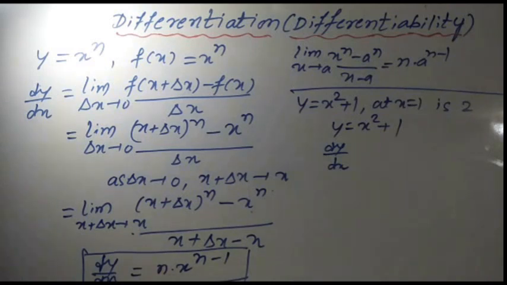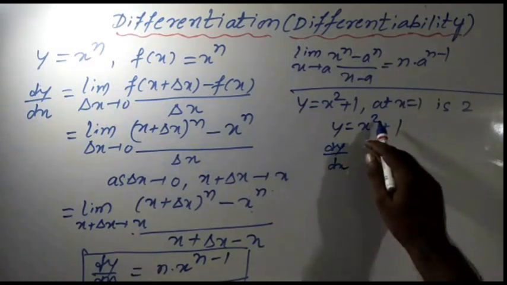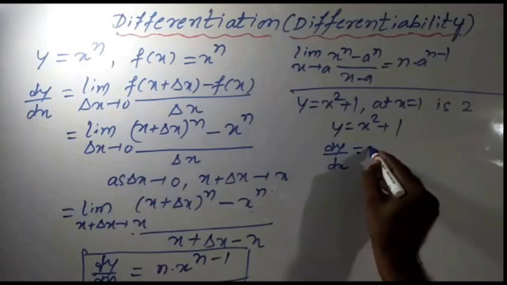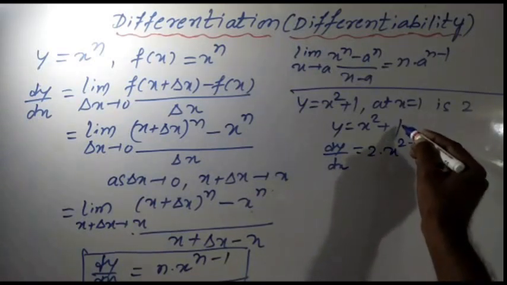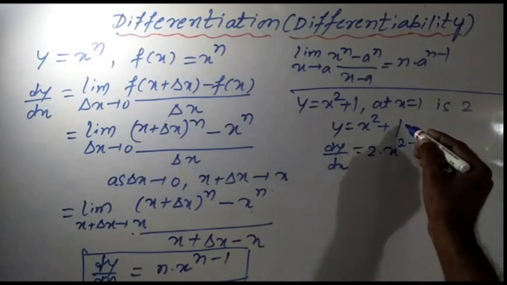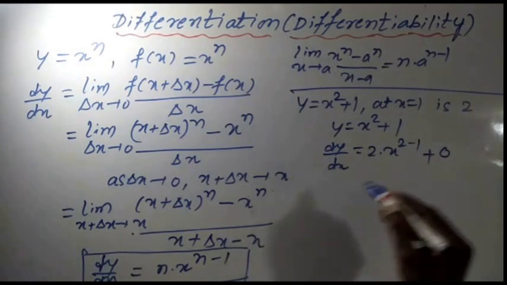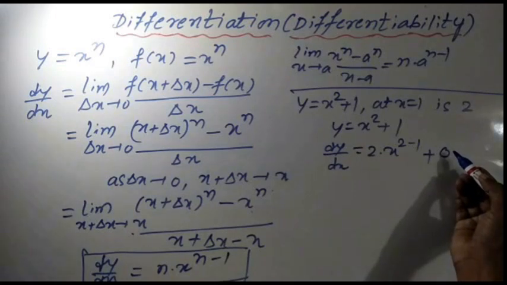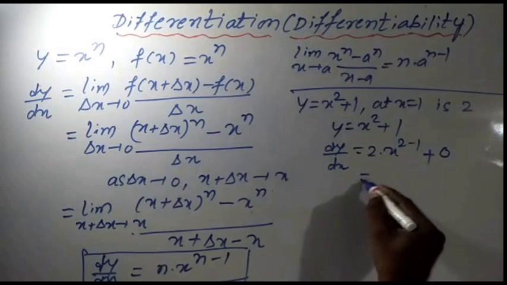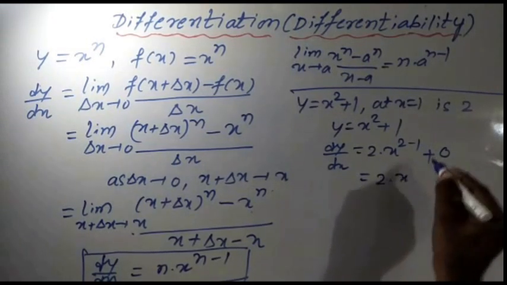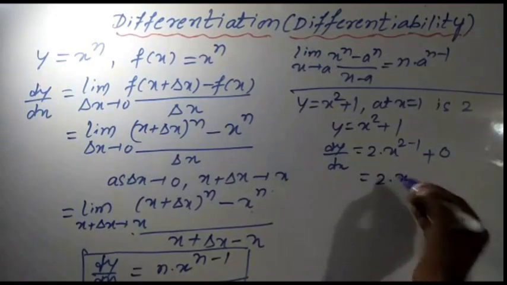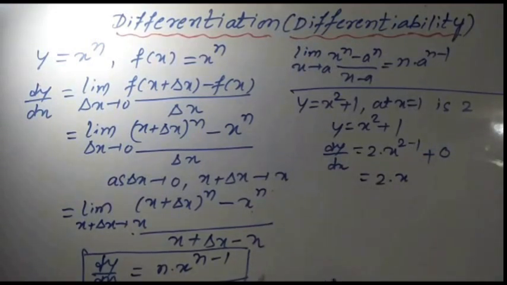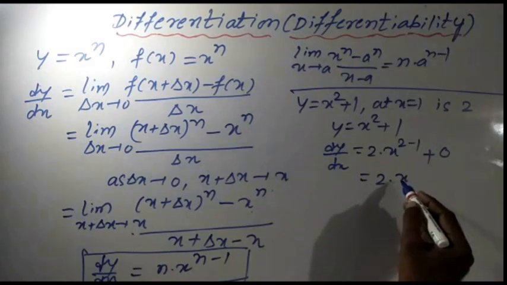Here n is 2, so 2 into x to the power 2 minus 1, plus the derivative of any constant, which is equal to 0. Already we know that the derivative of any constant is equal to 0. Therefore, the result is 2 into x to the power 2 minus 1, means x to the power 1, represented as only x. Therefore, dy by dx is equal to 2x.